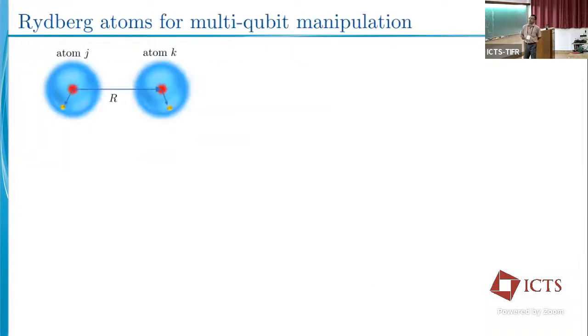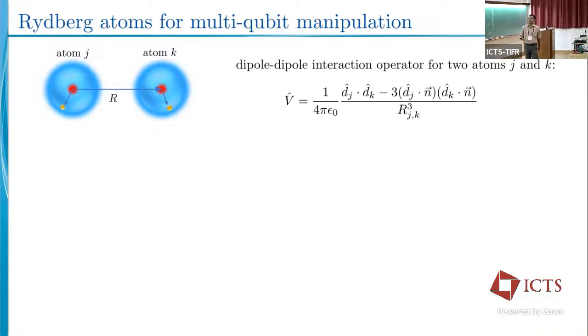Okay. Now I come to the Rydberg atoms for multiple qubit manipulation. Whatever we are getting here as a 2 by 2 matrix, a similar type of matrix will come here also. I'm just taking two atoms, they have to be nearby, but the outer electron should be pretty far from the center, I mean in the Rydberg state.